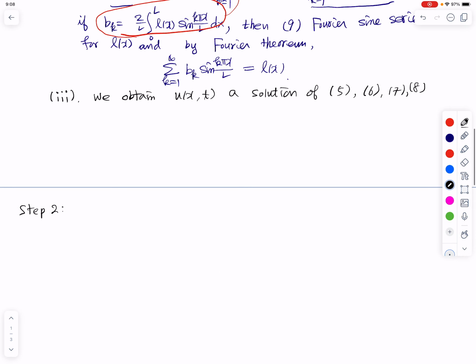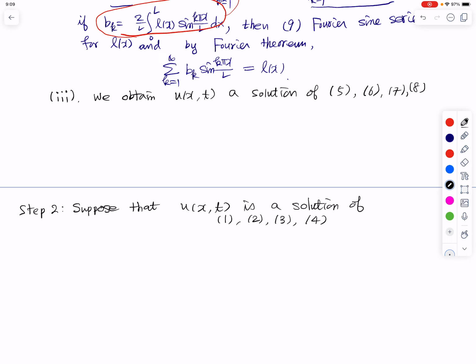Suppose that, anyway we're looking for a solution, right? So u(x,t) is a solution of equations 1, 2, 3, 4. We want to find the solution.